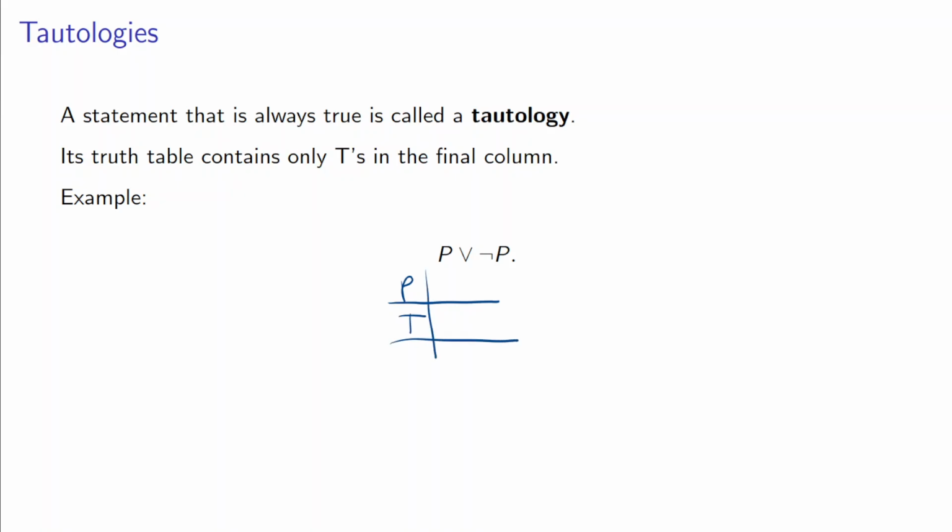So P can be true or false. We want not P, which will go false, true. And then we want P or not P. And the or statement is true as long as one of the two statements is true. And we can see that is the case here. So we have true, true.